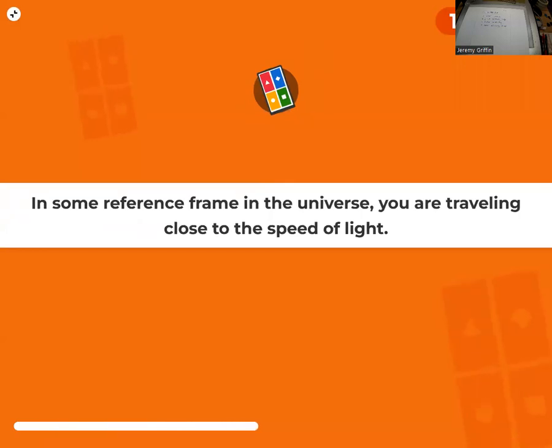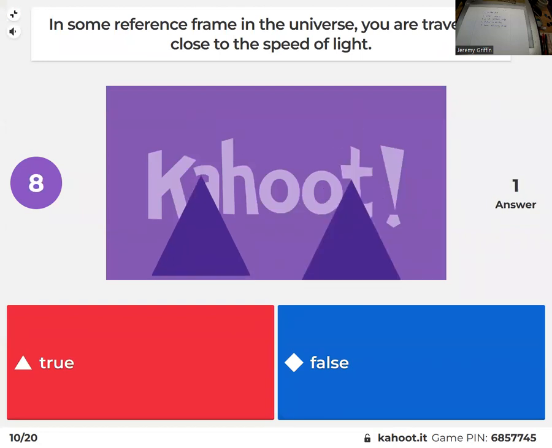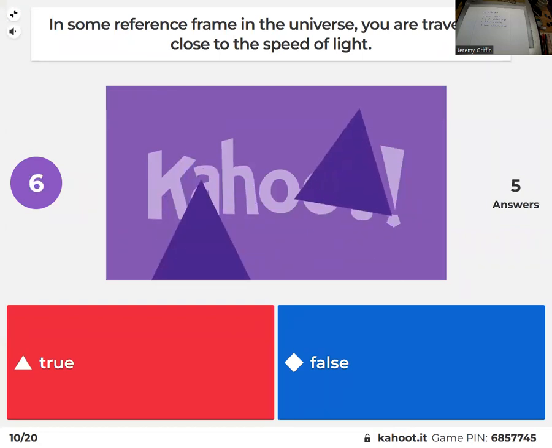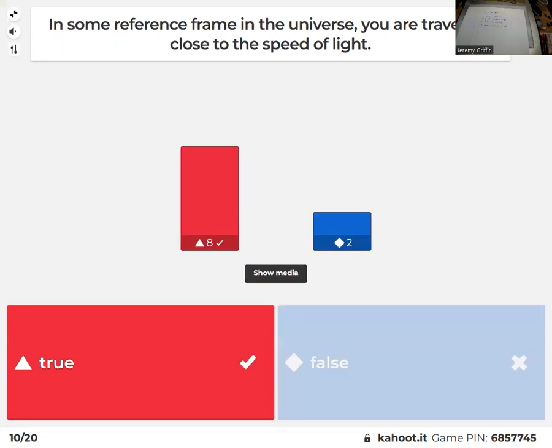And some frame of reference to the universe, you are traveling close to the speed of light. True. In fact, I have a picture of a location where that happens to be true in this classroom, and it is right there above the door. You guys see the Hubble Ultra Deep Field?